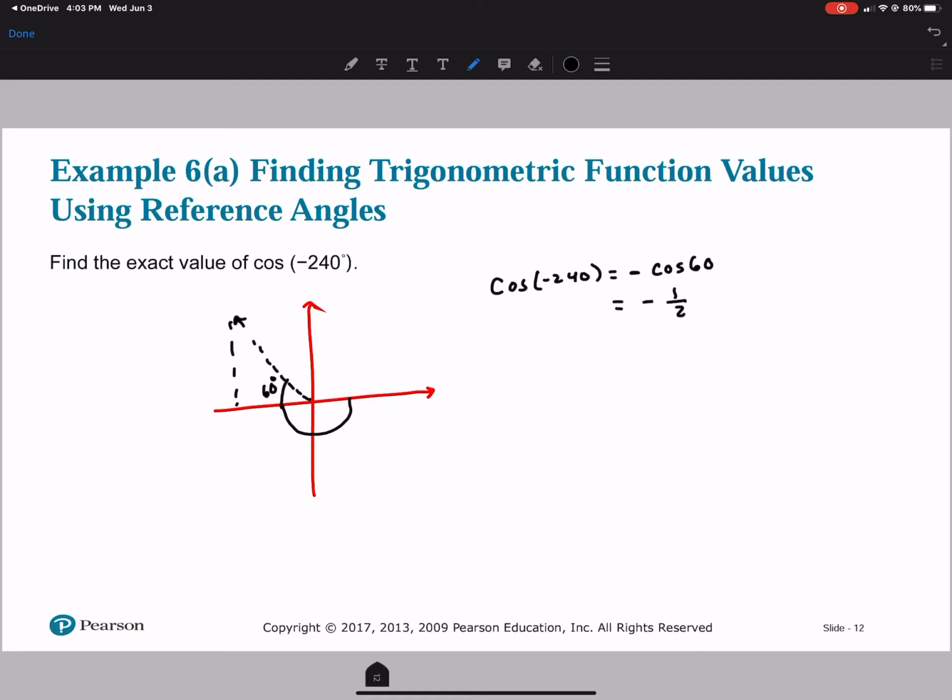So if you look at your special triangles, you can figure out what the cosine of 60 is, and then since we're in the second quadrant, it makes it negative. So it'll just be negative 1/2.